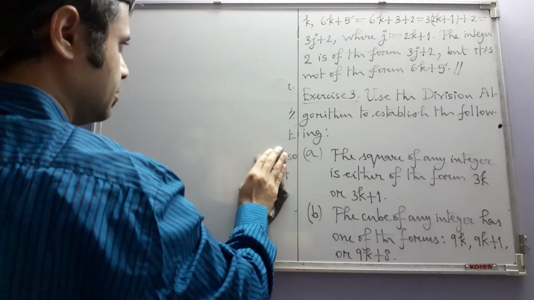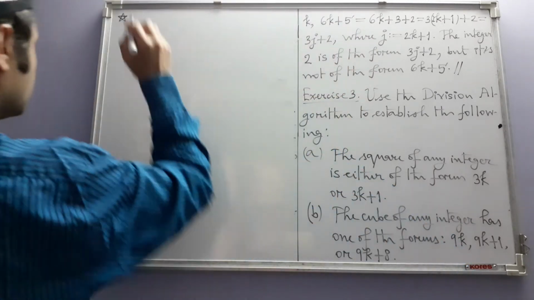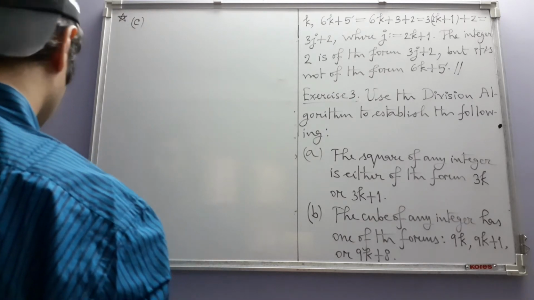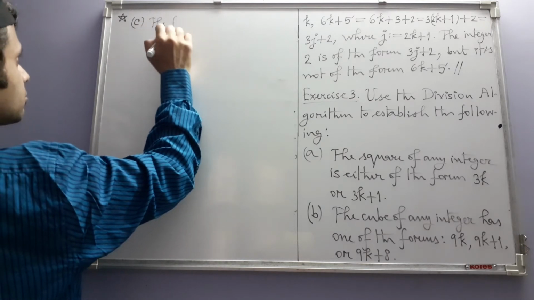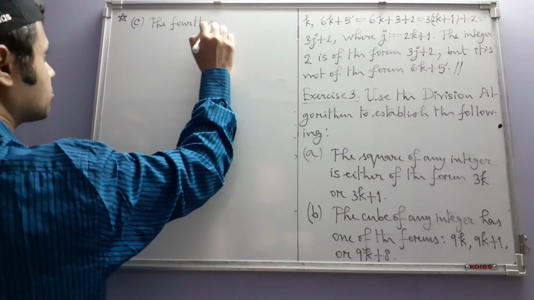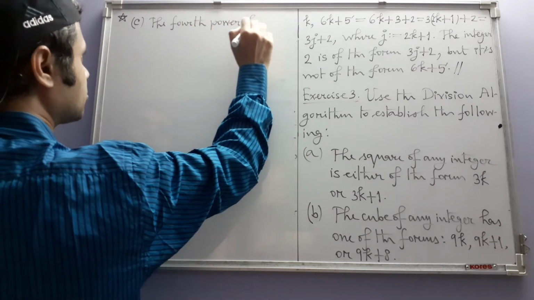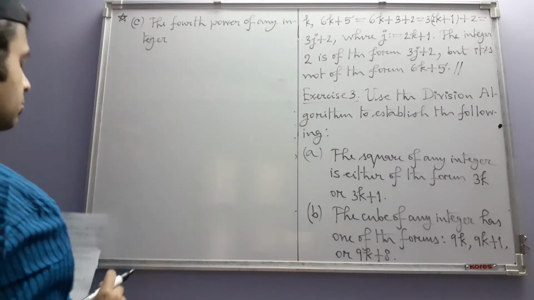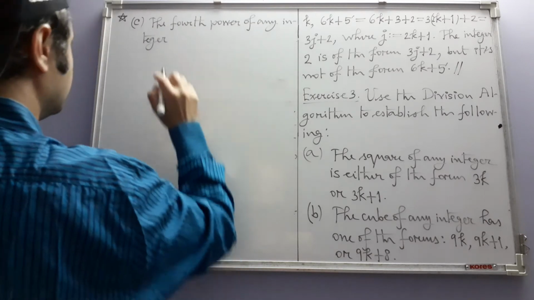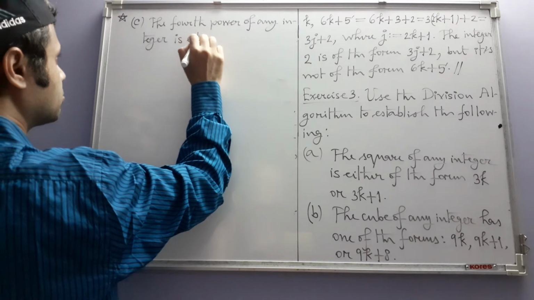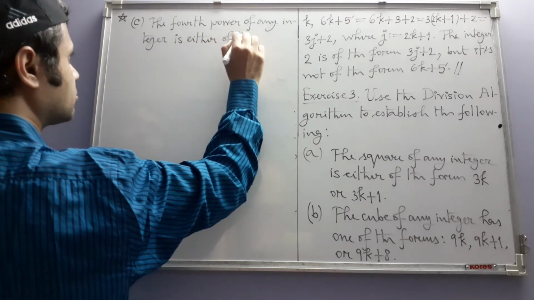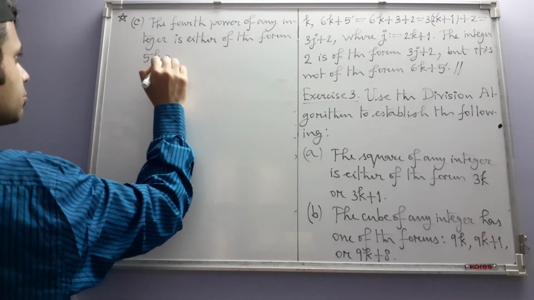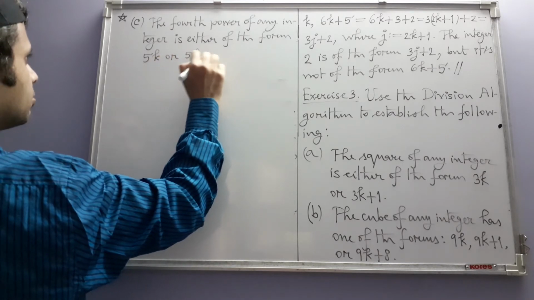And there is another part C. The fourth power of any integer is either of the form 5k or 5k plus 1.